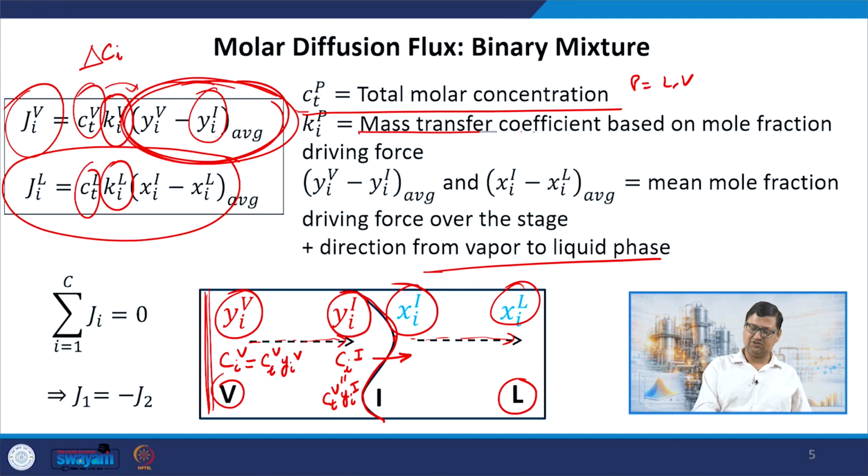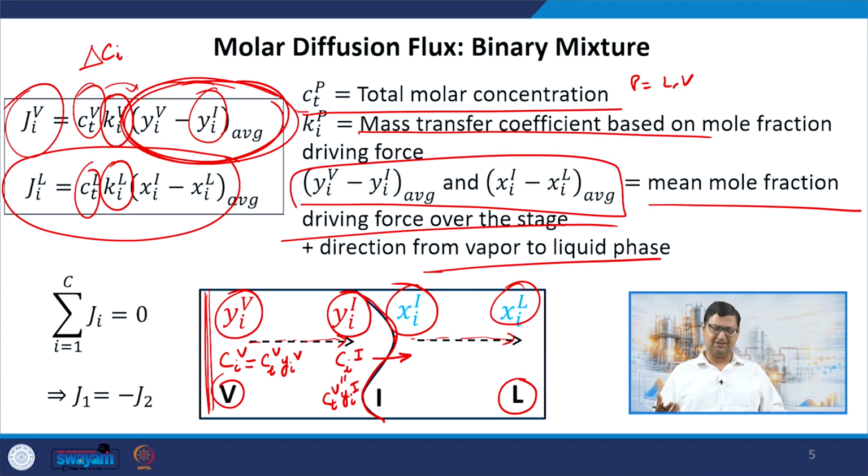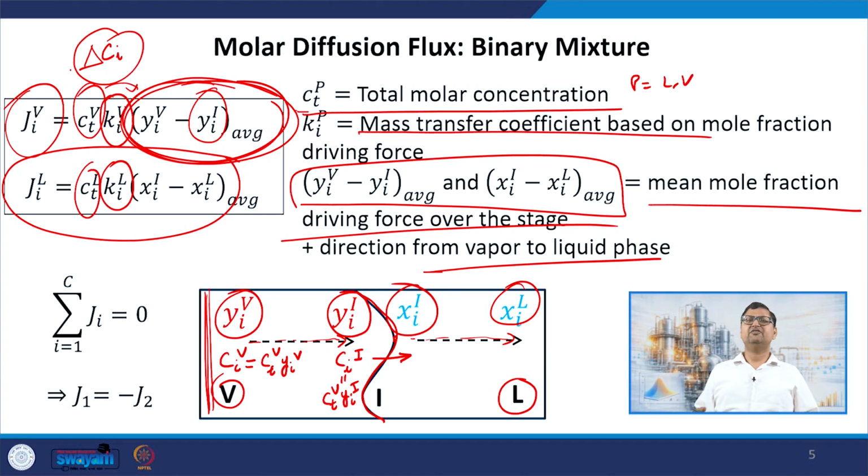So this is the mass transfer coefficient also based on the mole fraction driving force, and typically it has to be computed experimentally anyway, right? And these ones, as I said, are the mean driving force because of the mole fraction difference. And as I said, I can always express it in terms of the concentration difference. So mole fraction difference multiplied by the total concentration gives me the concentration difference, which is my driving force, right?